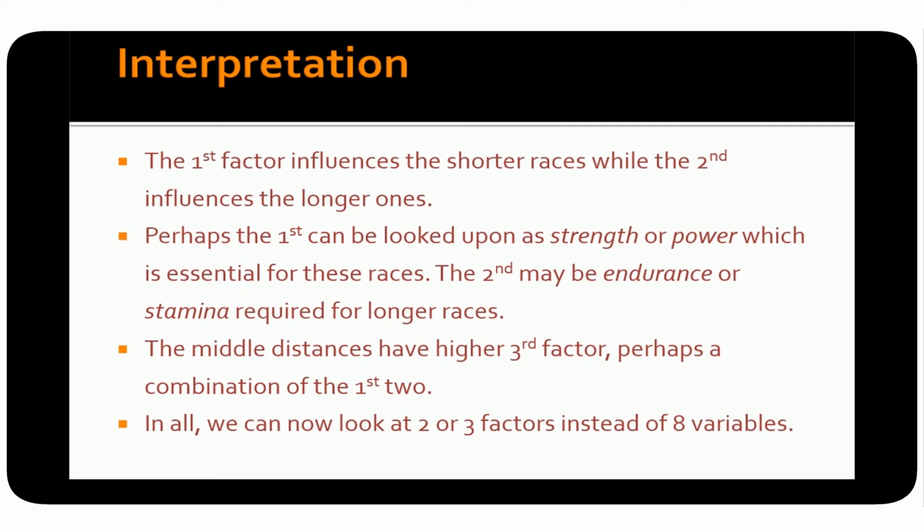That is actually what factor analysis helps us to do, and that is how we can reduce a large number of variables to a much smaller one. In this case, from 8 variables to perhaps 2 or maybe 3 factors.